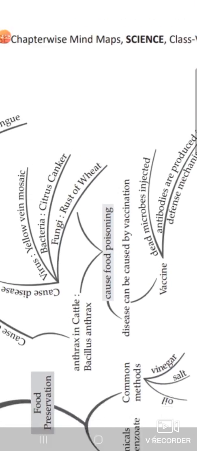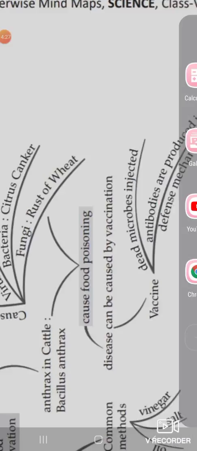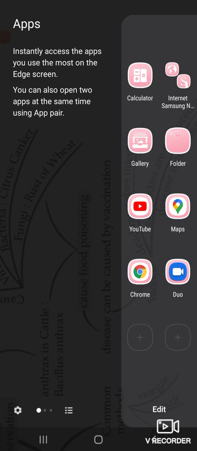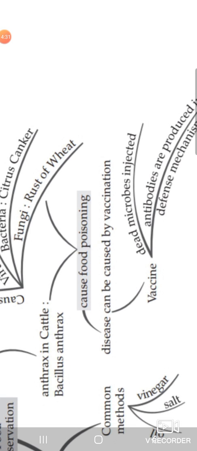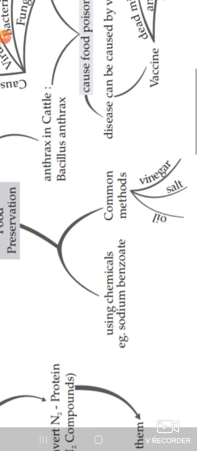Antibodies are produced, and it is a defense mechanism. Vaccination is another type of immunization process that we will learn in detail in ninth class, but for now you have to remember that it is done with the help of microorganisms only. Okay, now food preservation: how are we going to preserve our food?